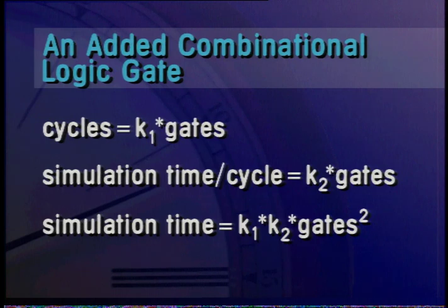However, the simulation time required for each cycle also increases proportionally with the number of combinational gates. This yields an amount of simulation time quadratic in the number of gates. So what we can see here is that the simulation needs are increasing superlinearly, anywhere from quadratically to exponentially, with the increased circuit complexity.